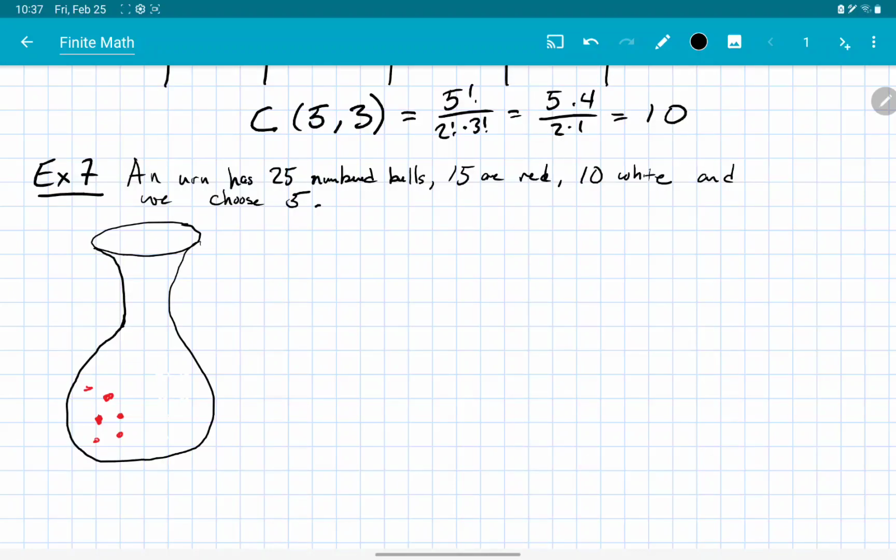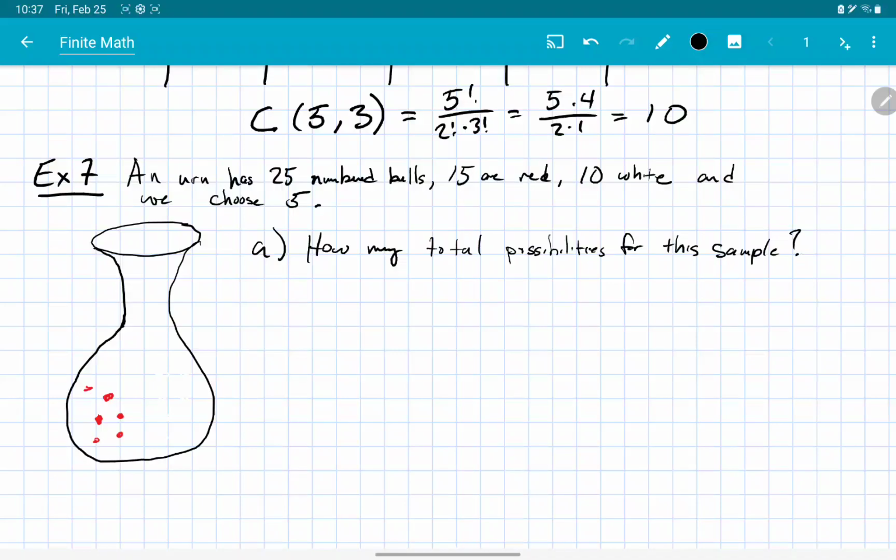Okay, all right. So the question is, first, I want to ask, how many possibilities for this sample? Okay.